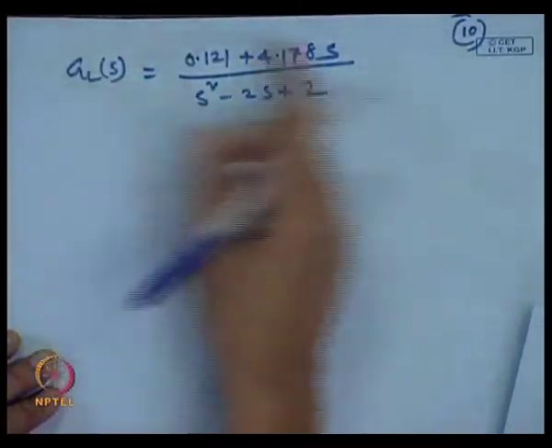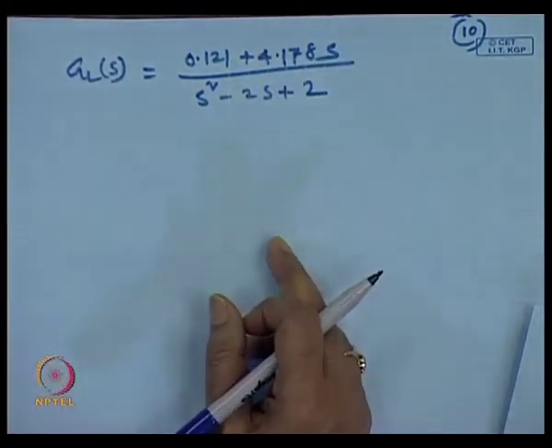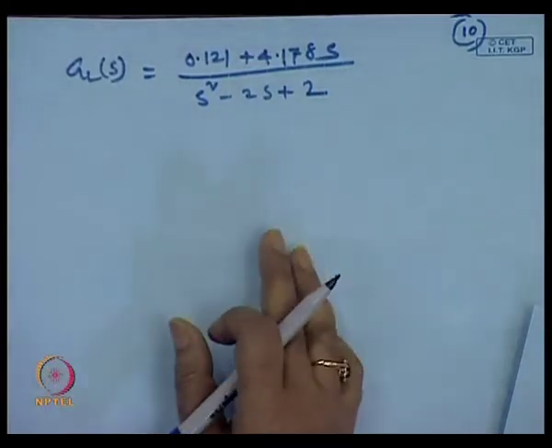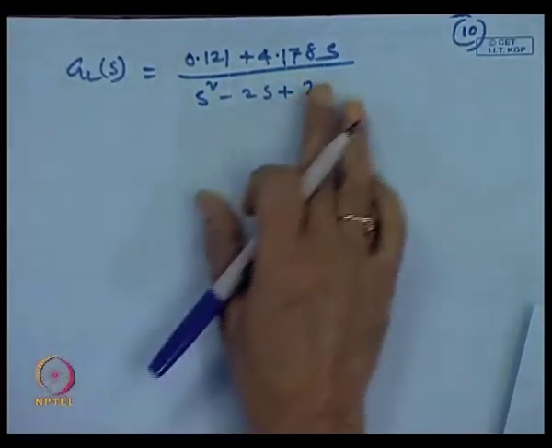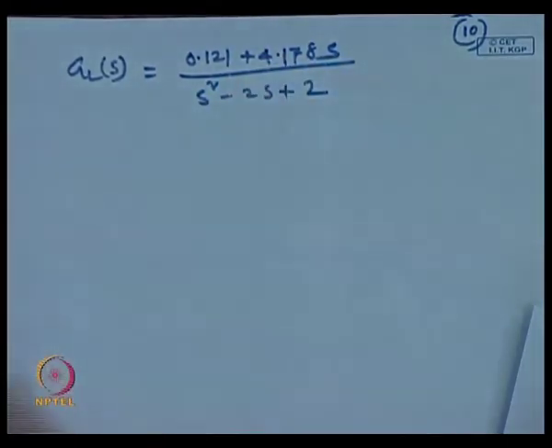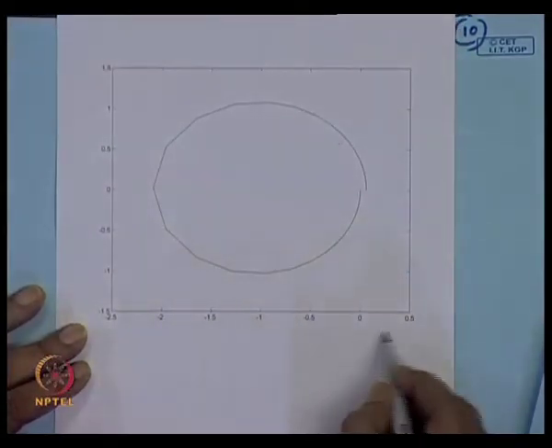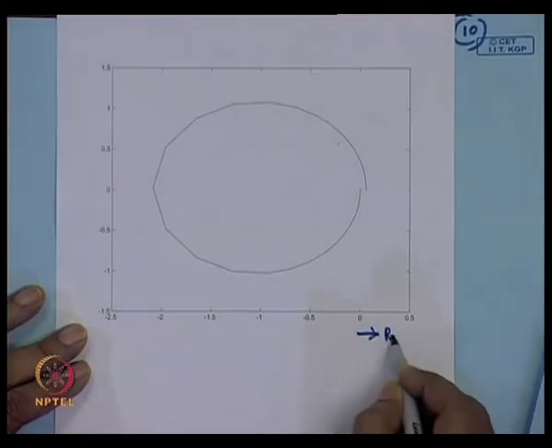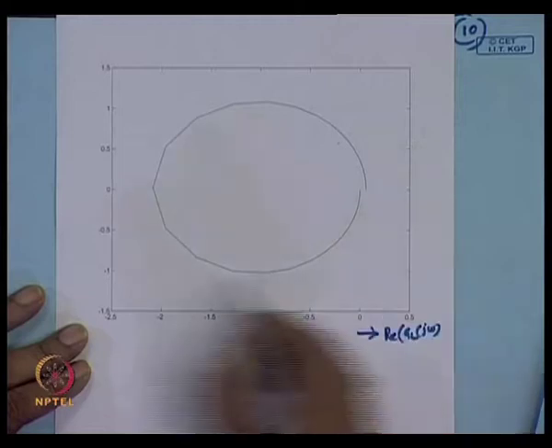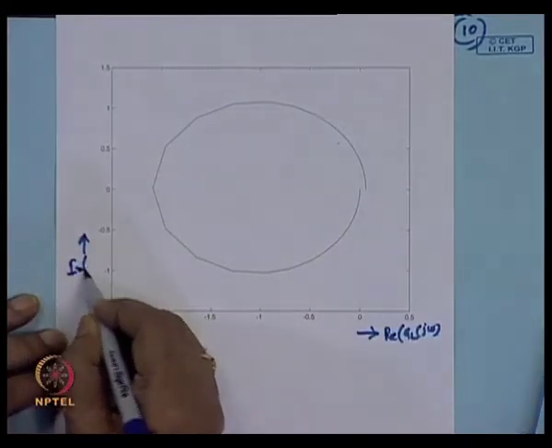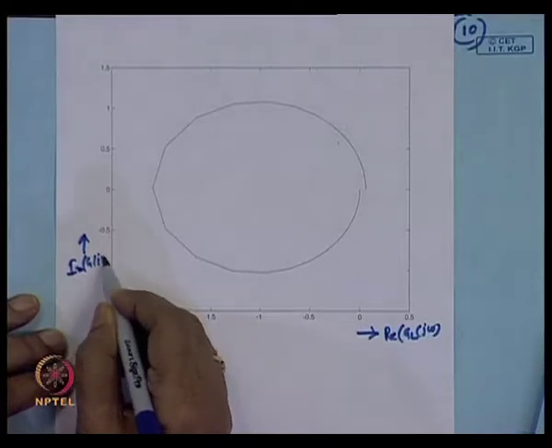Now you plot the Nyquist plot of that one. You see this figure, the Nyquist plot. On this axis is the real part of GL j omega, and on this axis the imaginary part of GL j omega.